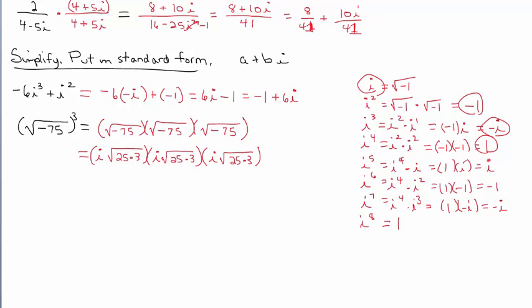All right, so I've tackled pulling out the i's. Now we want to multiply all 3 of these together. Well, before I multiply them all together, I might actually pull out the 25 as 5. So each of them would be 5i radical 3. So I'll write that 3 times.